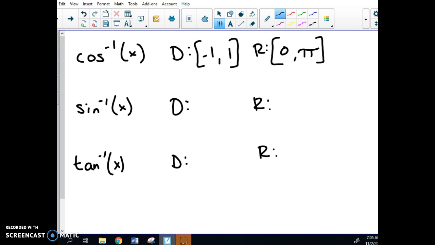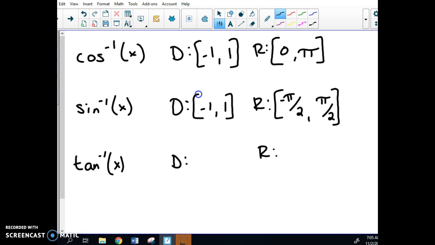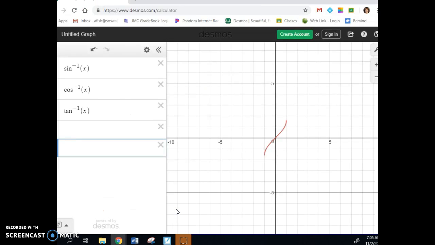So switch back here. The range on this one is -pi/2 to +pi/2. Notice I'm using brackets here because those points are included. Sometimes it won't be.